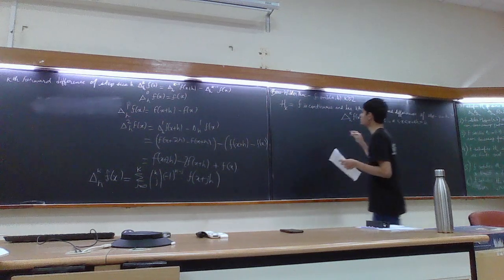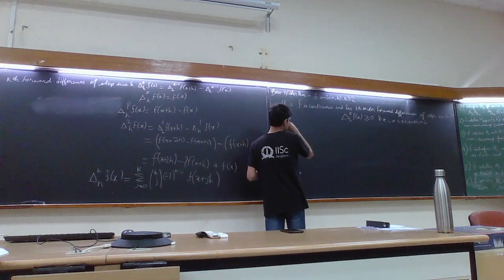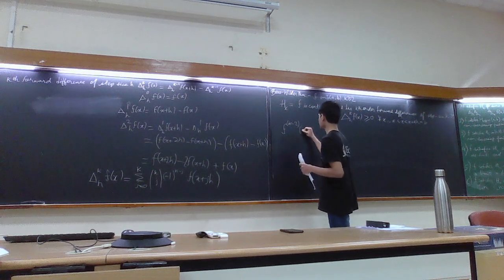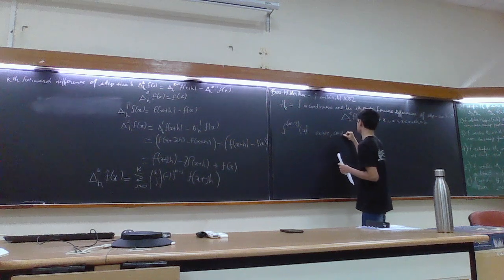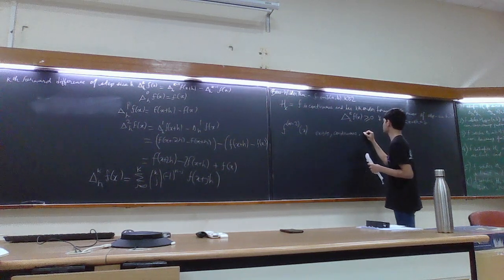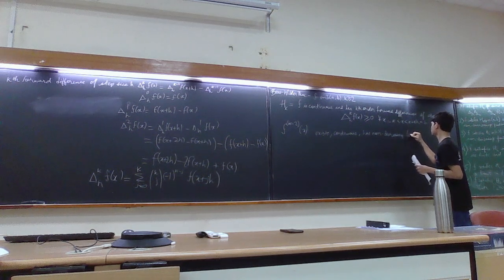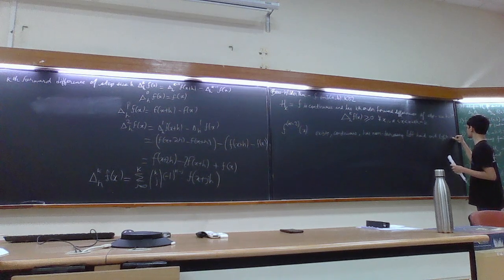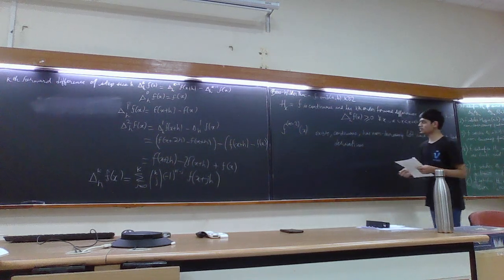So this is the hypothesis of the theorem, and what this theorem tells you is that if you have a continuous function with this holding true, then the k minus 2th order derivative exists and is continuous and has non-decreasing one-sided derivatives.